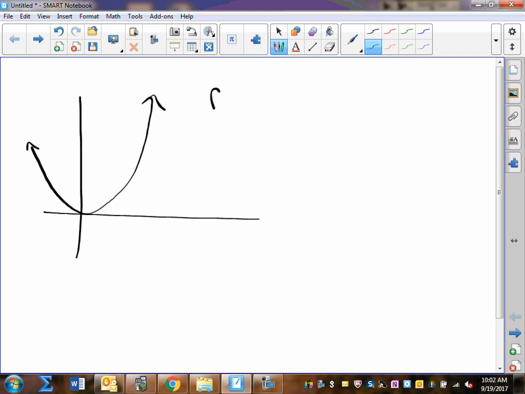So let's label this f of x equals x squared. And we're going to be looking particularly at the interval 0 to 4. And let's just go ahead and say delta x is what that means.